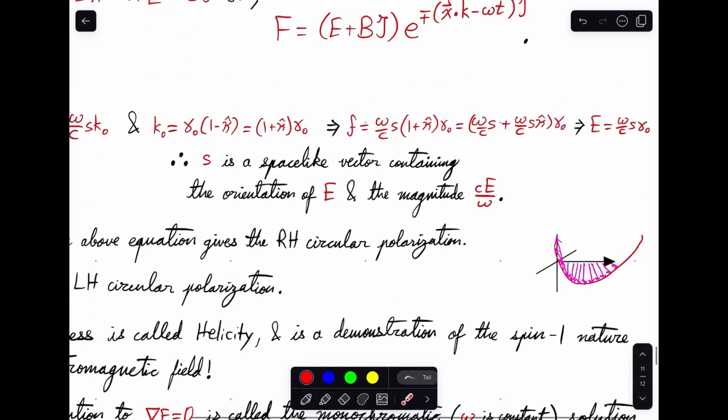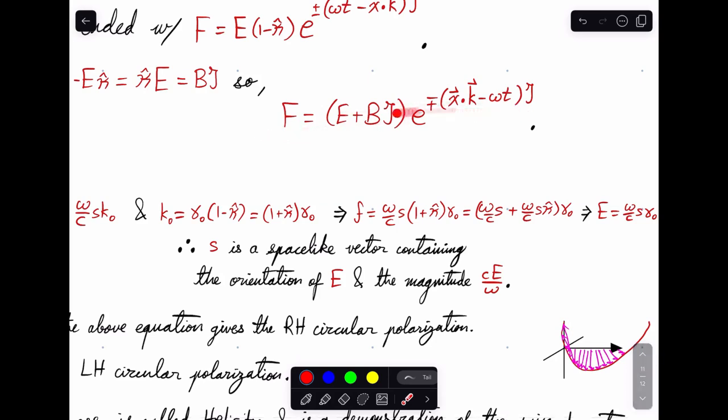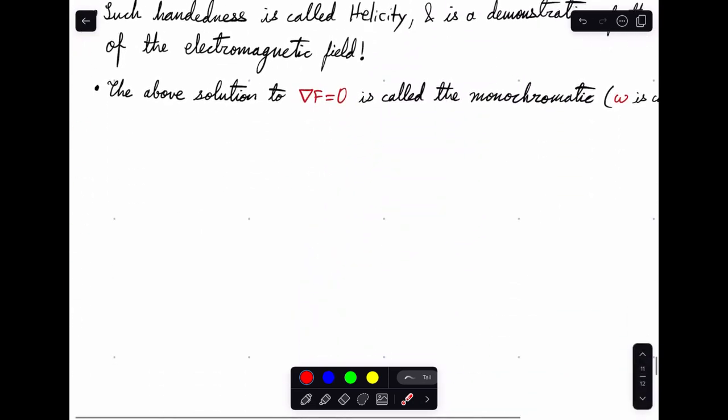So this right here is the monochromatic solution. You have one plane wave of light, and it is only one color, omega. Of course, if you go into different reference frames, it looks different, but you only have one color per reference frame.